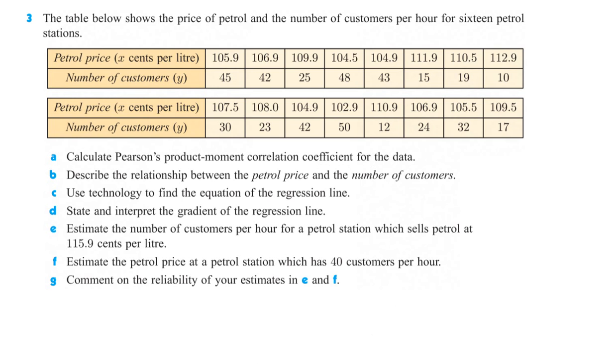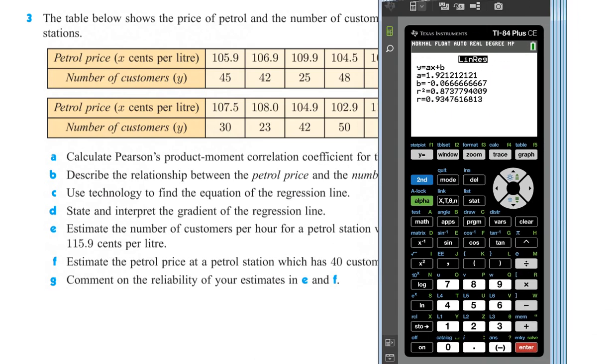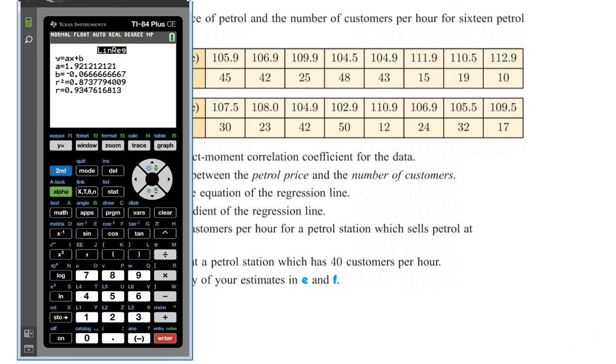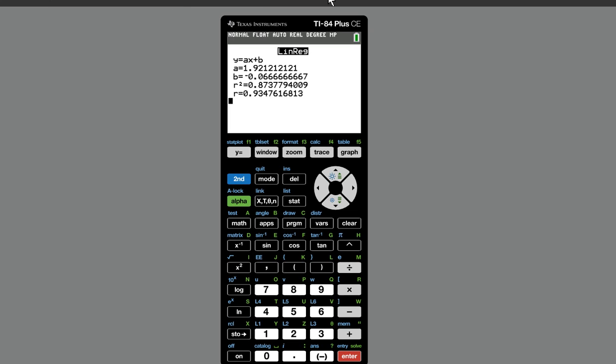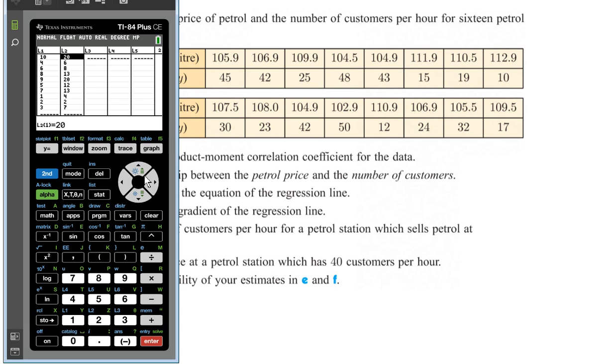Okay, so then what we're going to want to do is enter all of our data here into our graphing calculator. So stat, edit, and then we're going to put all of our data into these 2 lists, right?